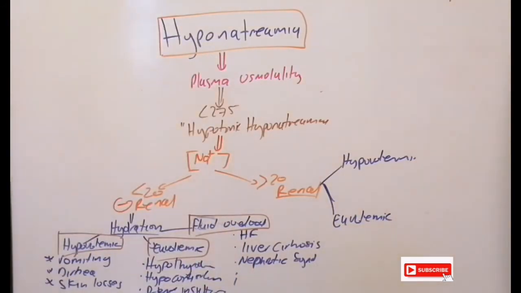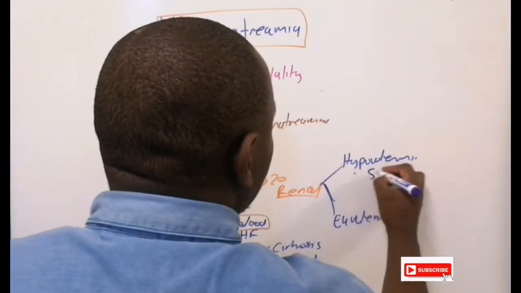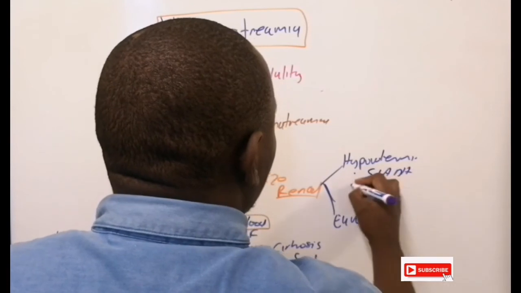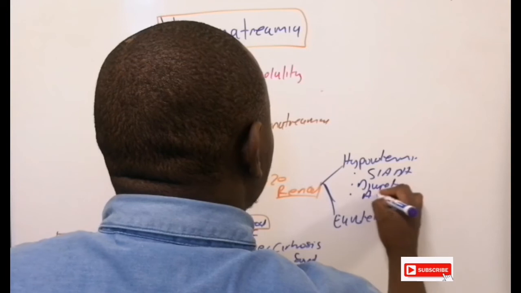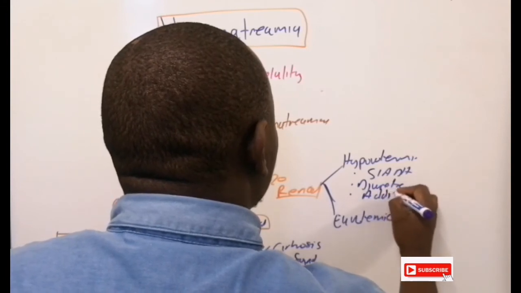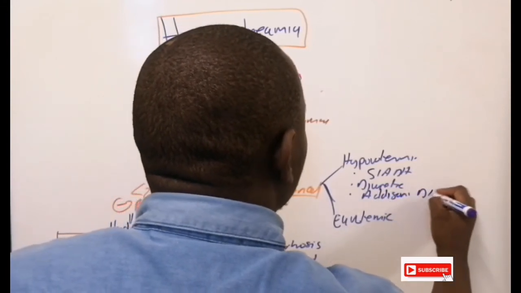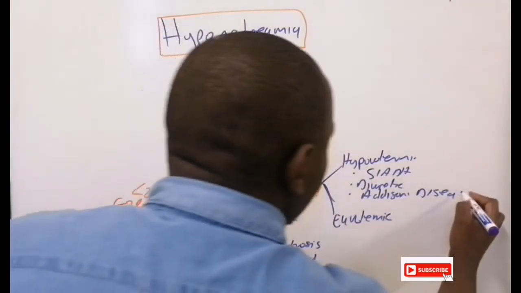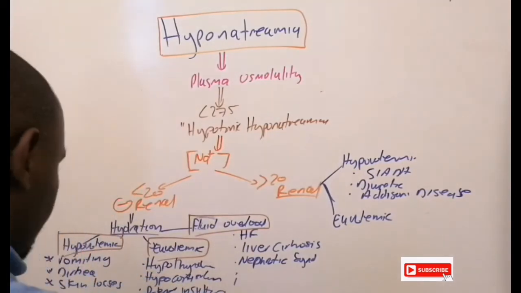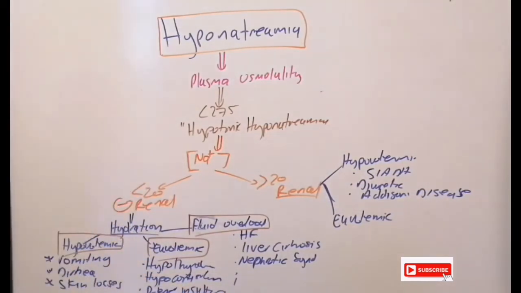Right? Is the patient hypovolemic? Is the patient euvolemic? If the patient is hypovolemic, you can think about SIADH, you can think about diuretics, Addison's disease.